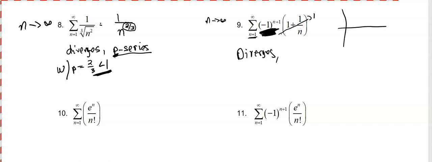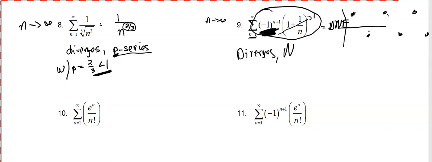Think about graphically when we graph them. We're going to be bouncing back and forth between positive 1, negative 1, positive 1, negative 1, so on and so forth. So overall then, this limit we would say does not exist. This goes to 1, but the fact that we're alternating just bounces back and forth. So this would diverge n-term test. Limit as n goes to infinity for these terms does not exist.